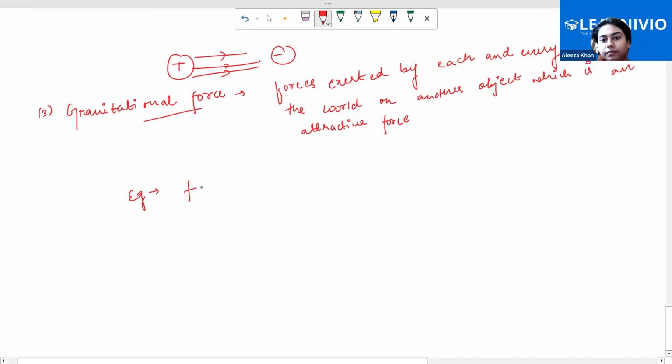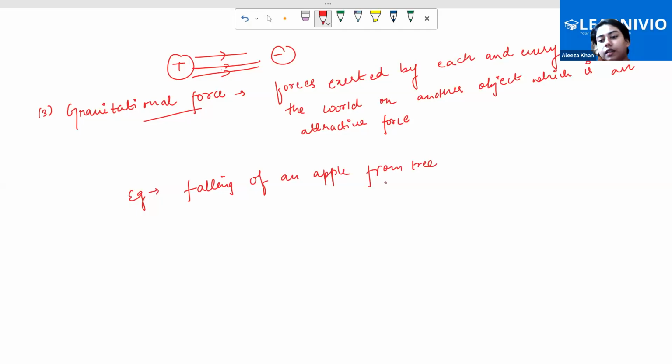An apple falling from a tree. Falling of an apple from a tree, or we humans are able to stand on the ground.